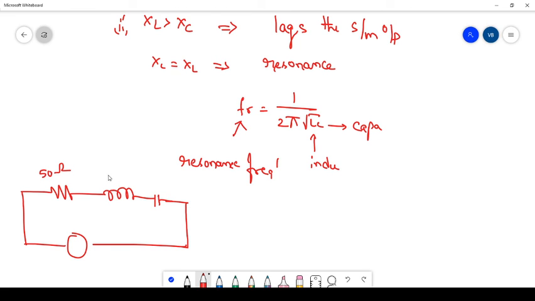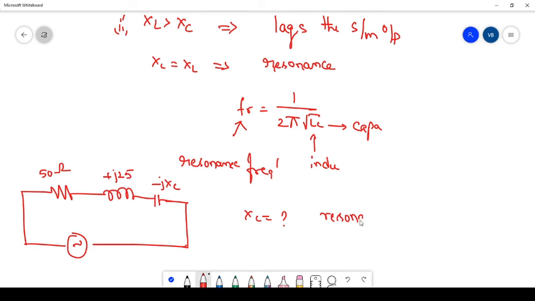Inductor value let us take plus J25, and we don't know the JXC value. So what is the source? The source value is not given, it is just a sinusoidal response. Determine the value of the capacitive reactance. So we need to calculate the capacitive reactance at the resonance condition.